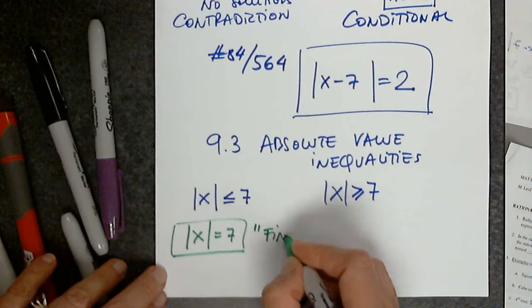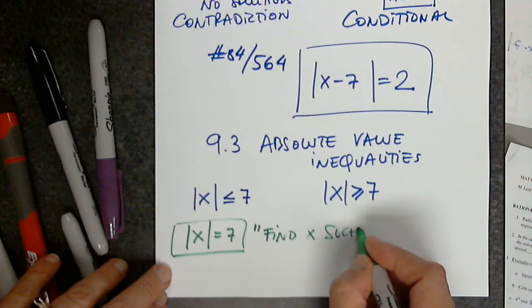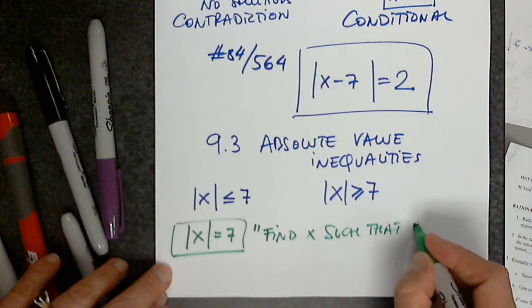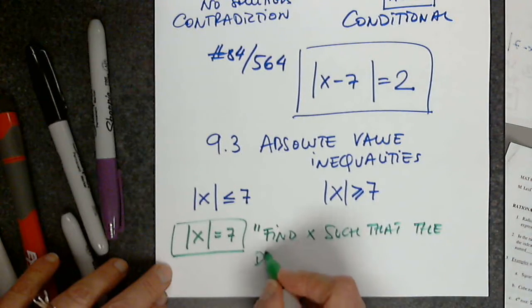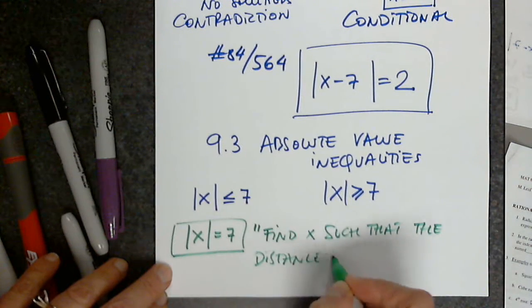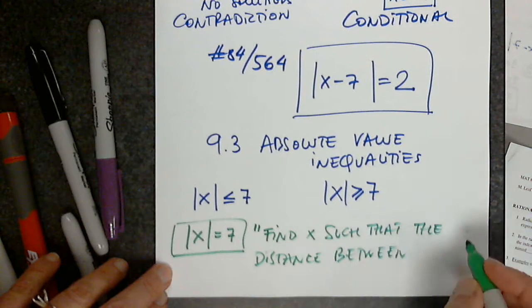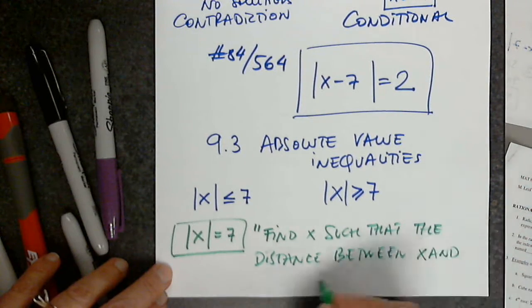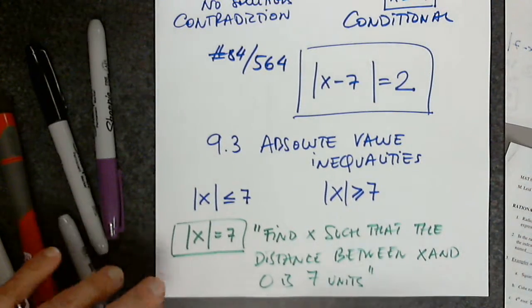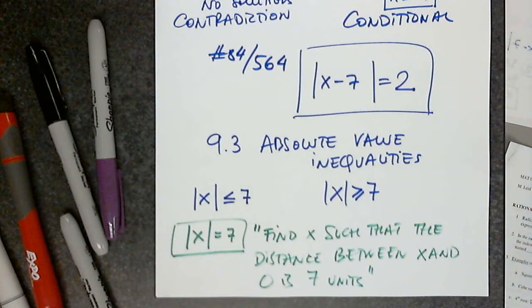Find x such that the distance between x and 0 is 7 units. This is what it means.